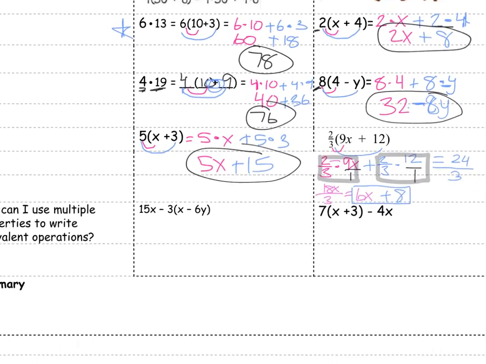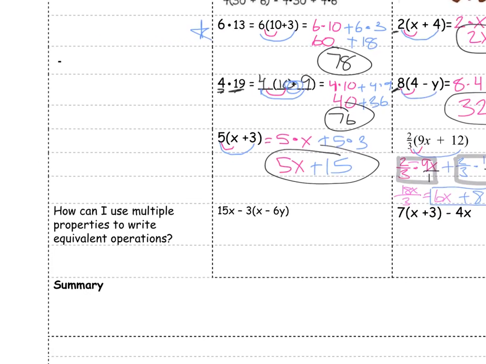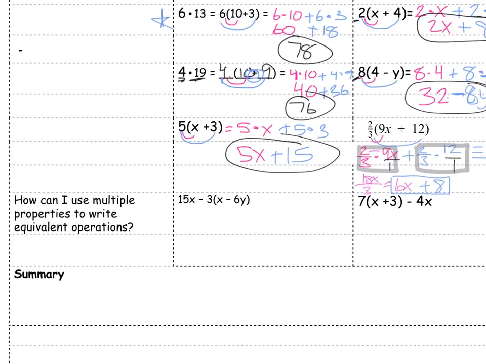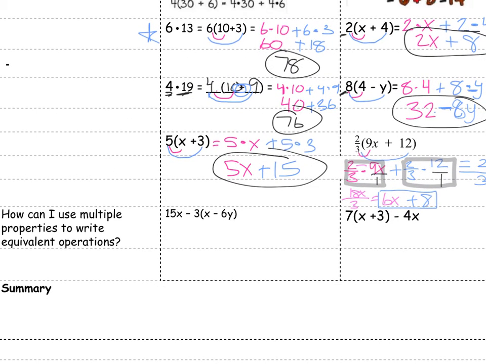Okay, so what can we do if we have multiple properties to write equivalent operations? Well, first you distribute, and then you simplify. So to start, we'll start with this one. So I see that there's a negative 3 right here, or it can be 3 as long as we keep subtracting. But I'm going to keep this as a negative 3. So we have negative 3 times x, right?